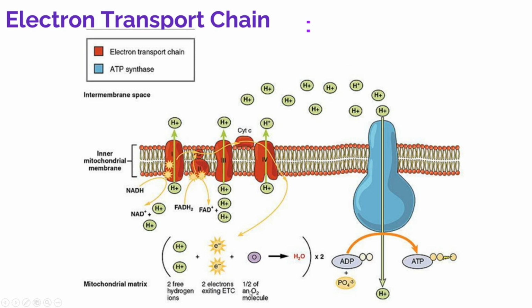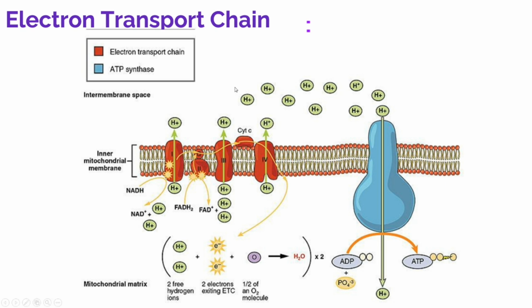So this whole diagram, I know it's labeled here as the electron transport chain, but it does show on the right side this blue enzyme. This is also part of the chemiosmosis. So this entire thing is the oxidative phosphorylation. And so there are a lot of key important integral and peripheral proteins within the membrane of the mitochondria. So this membrane that you see here, this double membrane, that's the inner membrane of the mitochondria.